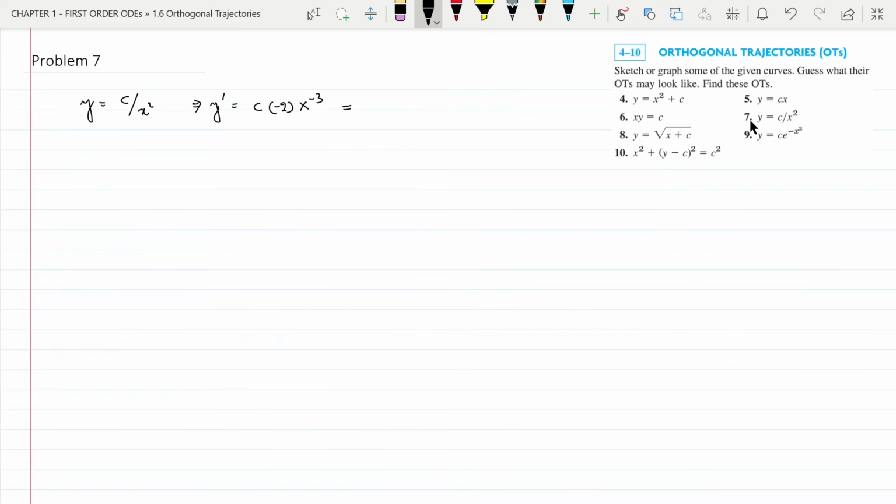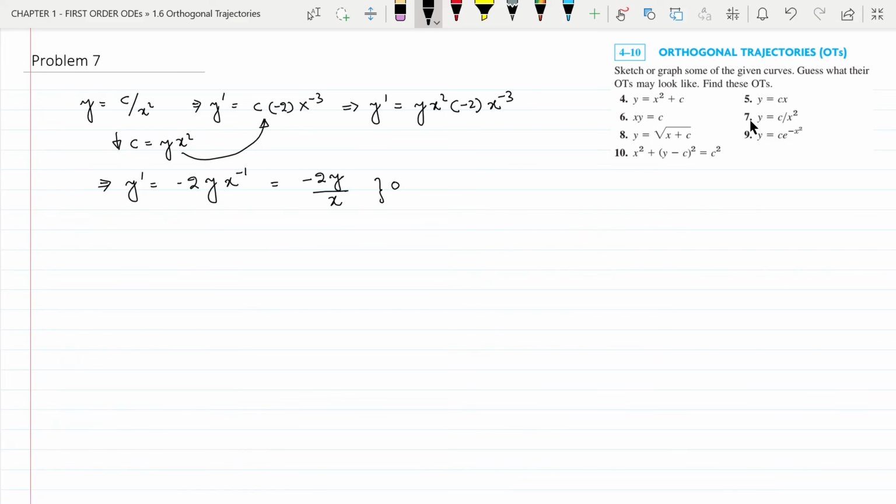So we have to eliminate the constant c, and from here we can write c equal to y x square, and we will plug this value of c in here, and it can be written as y dash equal to y x square whole into minus 2 x to the power minus 3, and this implies y dash equal to minus 2 y x to the power minus 1, which is equal to minus 2 y by x, and this is the ODE corresponding to the given equation or given family of curves.